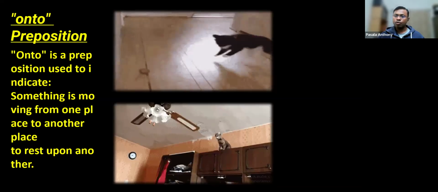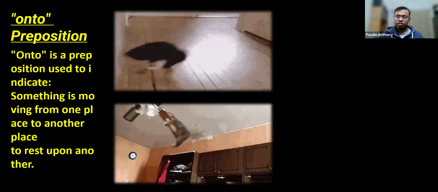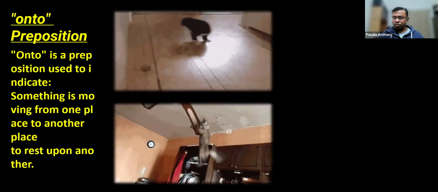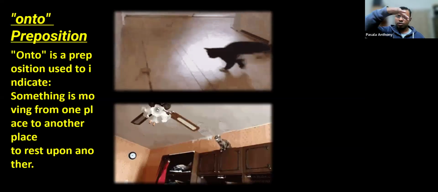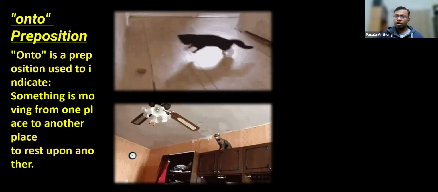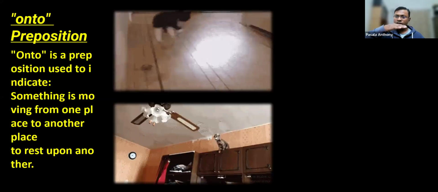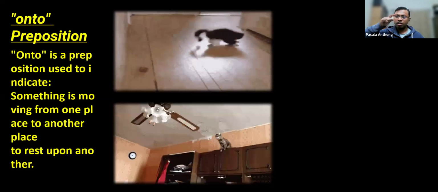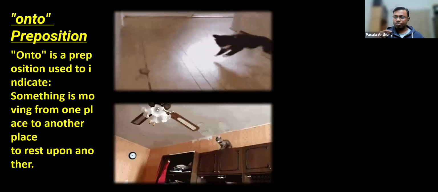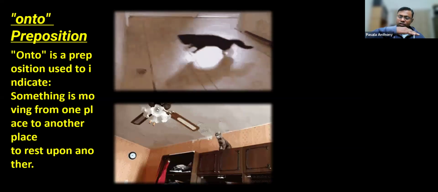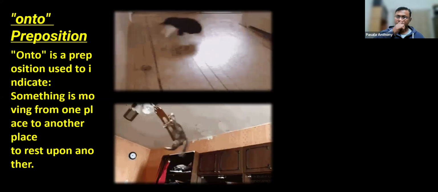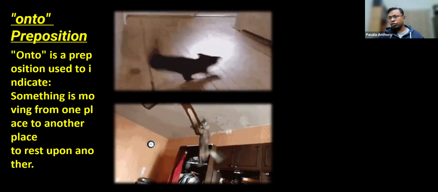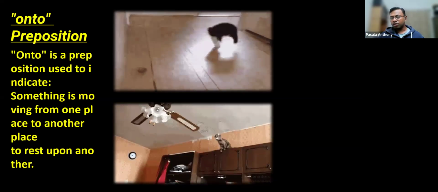Cat jumped onto the table. Onto the table means before it was down, now it's jumped onto the table. Cat jumped on the table means it is already on the table. It is jumping on the table only. That is the meaning. Cat jumped onto the table means from one place to the table. Cat jumped on the table, most of the people understand what?